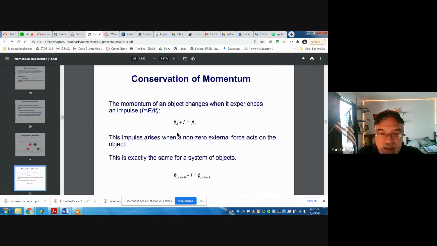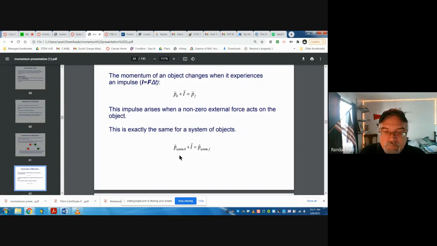So we write this as momentum before plus impulse equals momentum final. What happened here, though, is there an outside impulse? Let's say this is 0. No impulse from the outside.